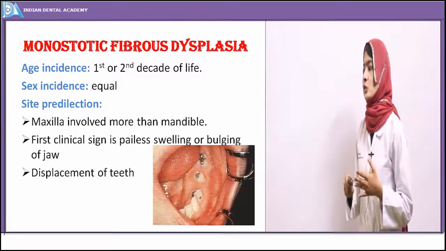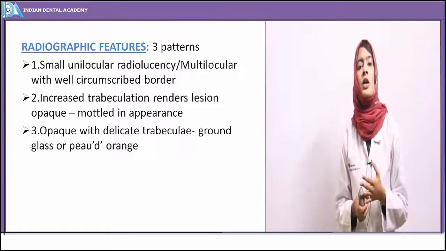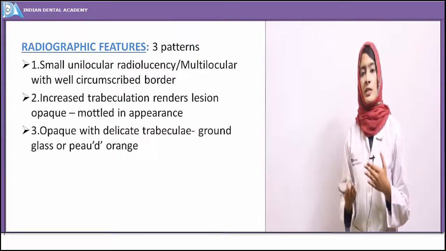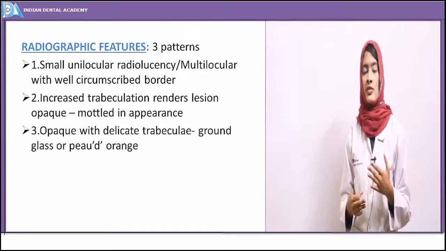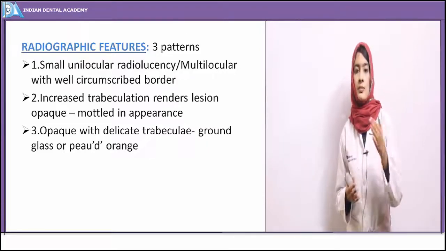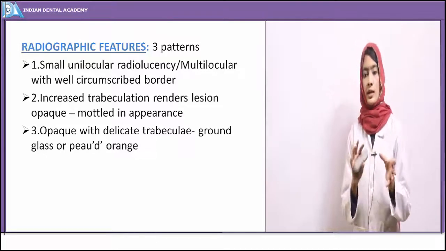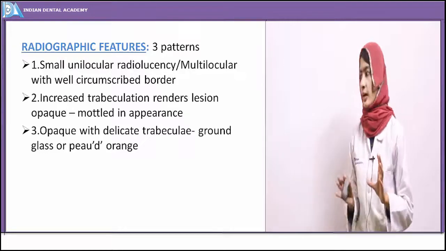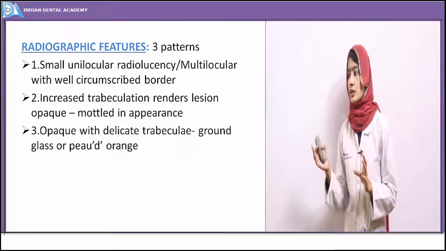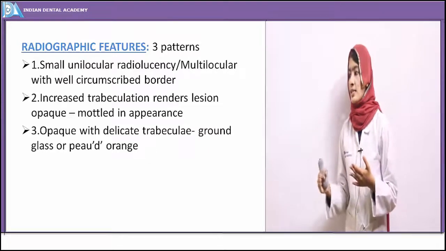Coming to the oral cavity, fibrous dysplasia shows three patterns radiographically. One is a small unilocular lesion or a multilocular lesion. Both show disordered arrangement of trabeculae, with a well circumscribed border initially.